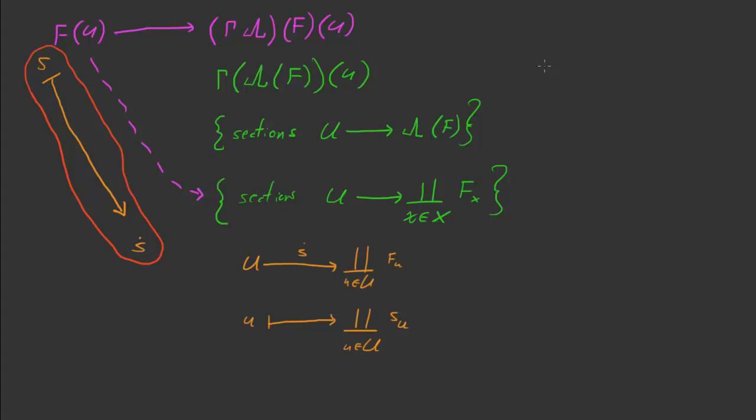Again, I'm ignoring a lot of naturality in saying that, some sort of structure, but let's leave that at bay for the moment. I want to check that s maps to s dot is an isomorphism. So you might ask yourself the question, is it injective?